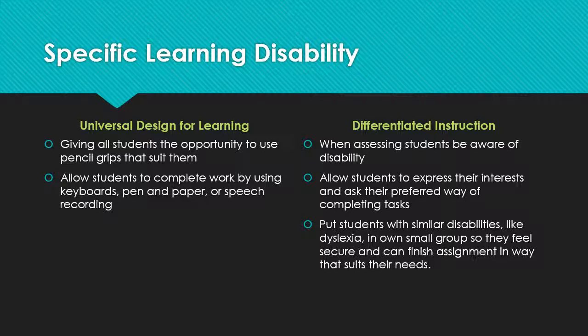For differentiated instruction, it's about understanding what your students' disabilities are and researching that and coming into the classroom ahead of time with that awareness. And also getting your students' interest so you can apply that to keep them engaged, and breaking your students down into groups can be helpful so that way they feel more secure.